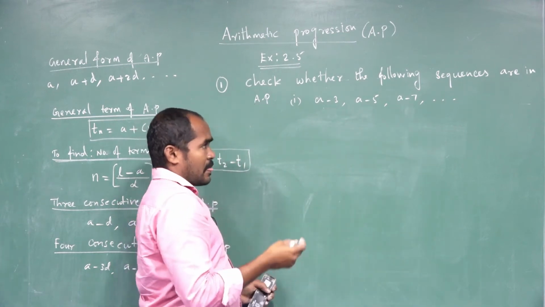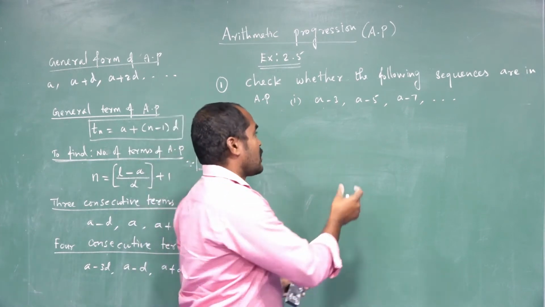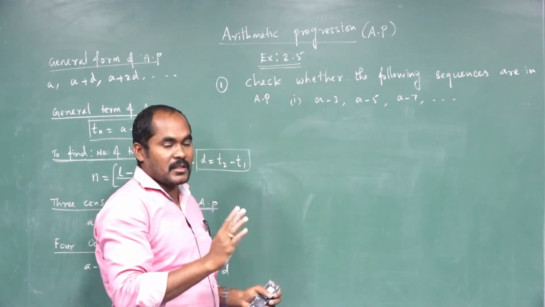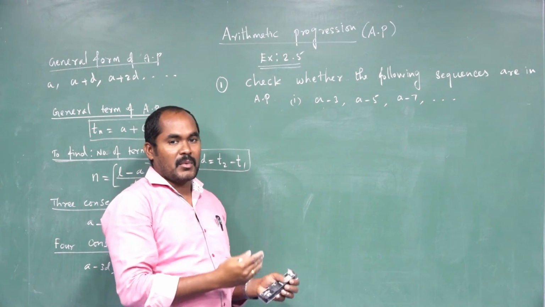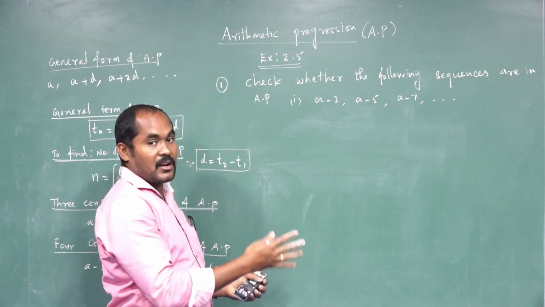How do we check whether the given sequence is an AP or not? If the common differences are the same, the given sequence is an AP. If the common differences are not equal, the given sequence is not an AP.